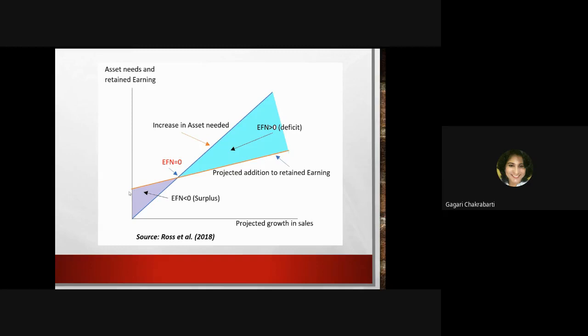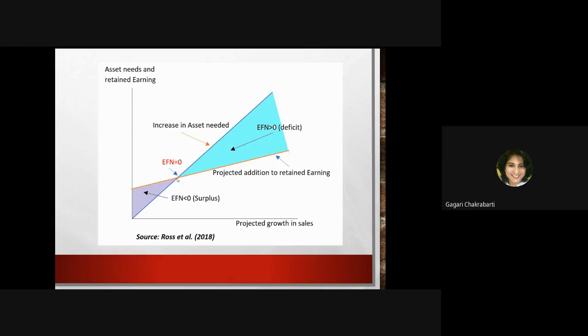Therefore, these two lines will be cutting at this point. This is the point where the projected addition to retained earning will be exactly equal to the increase in the asset needed. From here, the projected addition to retained earning line is relatively flatter than the increase in the asset needed.